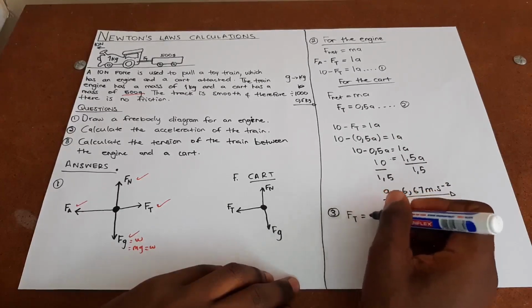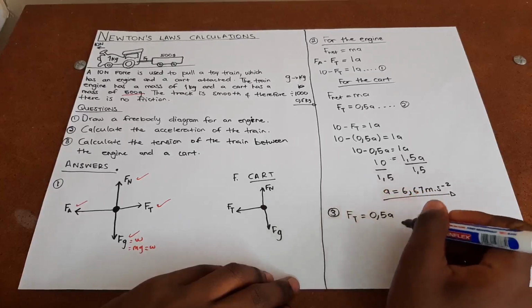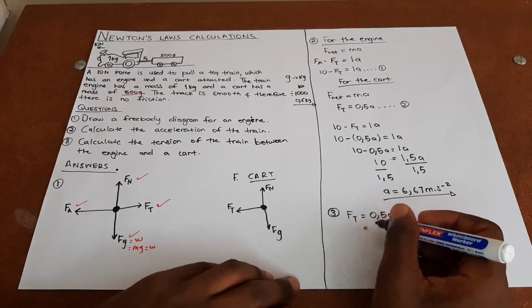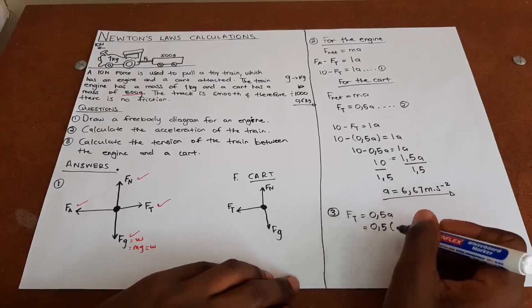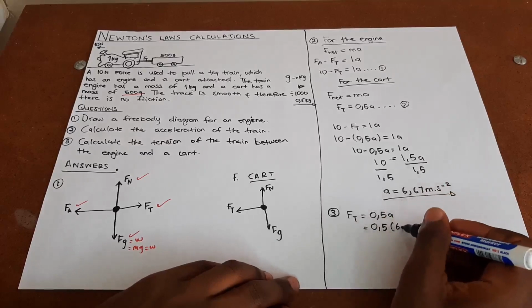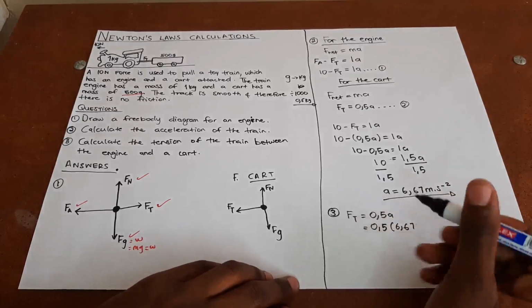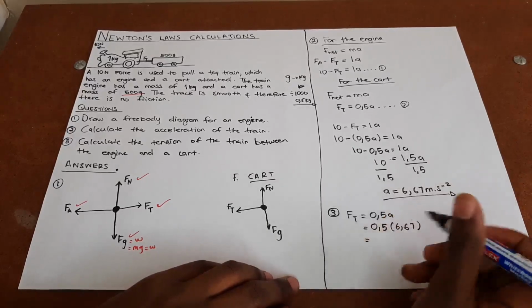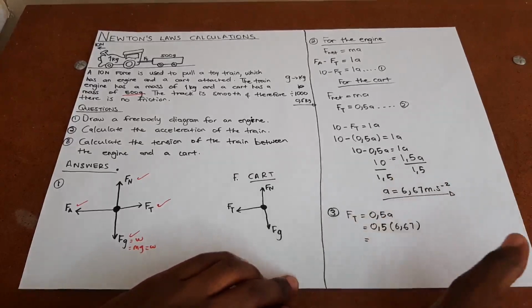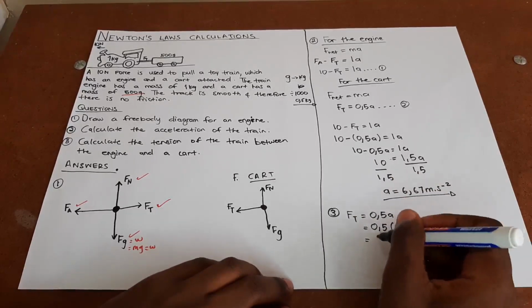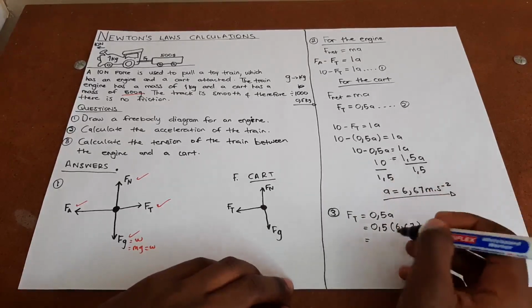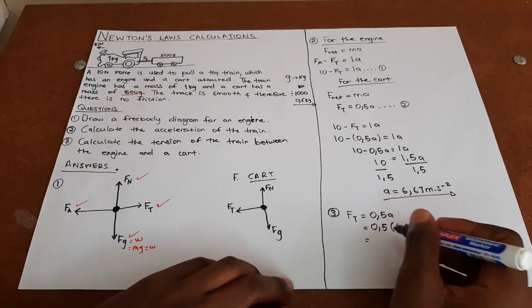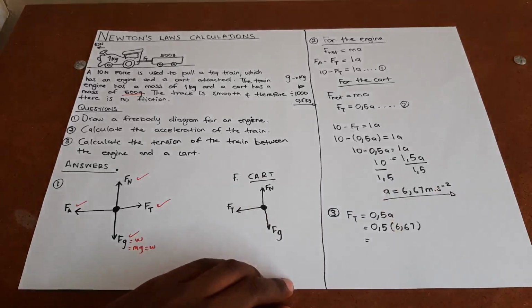So Ft is equal to 0.5a. Substitute 6.67, or you can press on your calculator. When pressing on your calculator, use those recurring numbers after the decimal point so that you receive an appropriate answer. Let's press on our calculators.